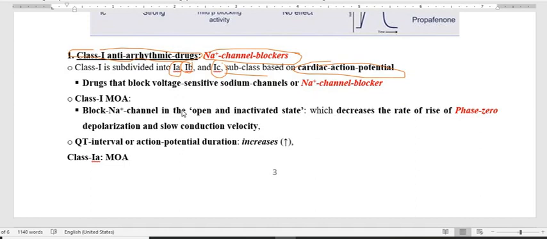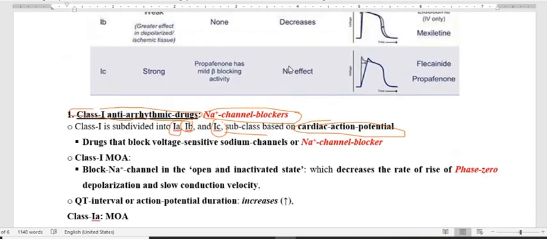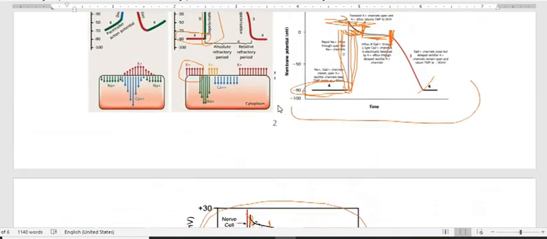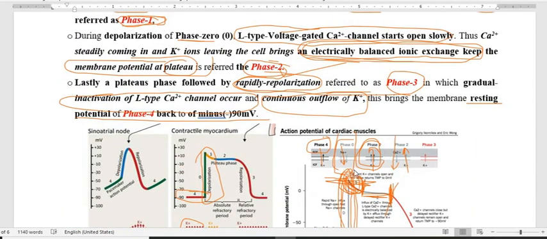All the drugs under class 1 antiarrhythmic drugs have the same mechanism of action: they are sodium channel blockers. Where do they block? The depolarization, or phase zero of the action potential that we have seen here. They block this zero phase.